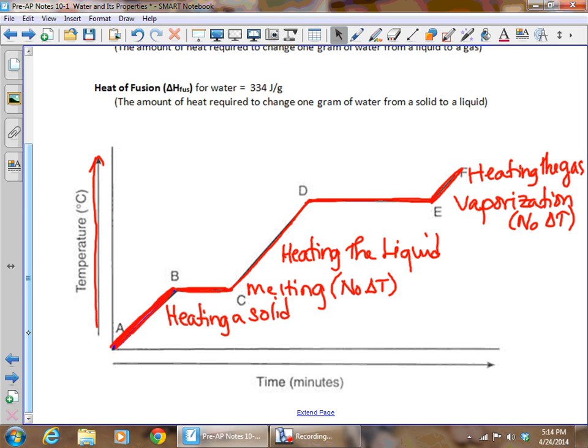Cooling, we can do the same thing. Let's go in the opposite direction. If we're going in this direction, we're talking about cooling the gas. When we reach this point, then, as it keeps giving off heat, we are in the process of condensation. And then as we continue to cool it, we're cooling the liquid at this point.